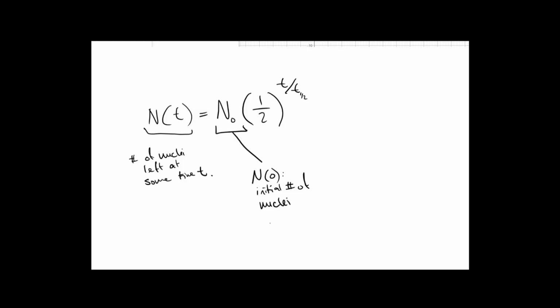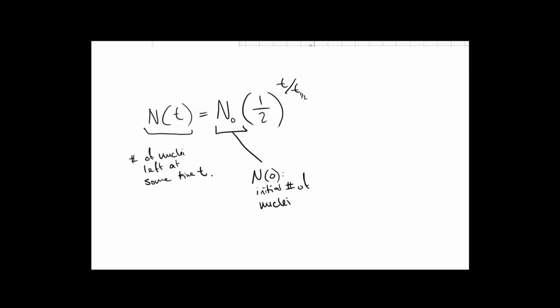Theoretically here, it's the number of nuclei. Often this can be mass as well, but it should be the number of nuclei rather than kilograms. But if we put mass there, we're not going to go far wrong.